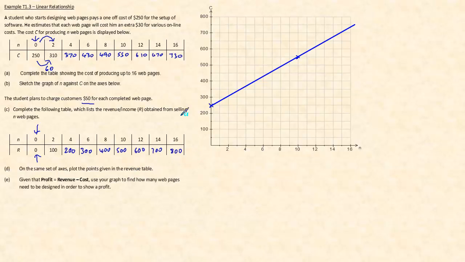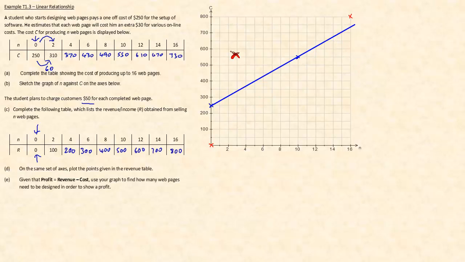And then we want to plot this one. So let's do it in a different color. So 0, 0, 16, 800, and let's draw that on, like so. Got it a little bit low actually.